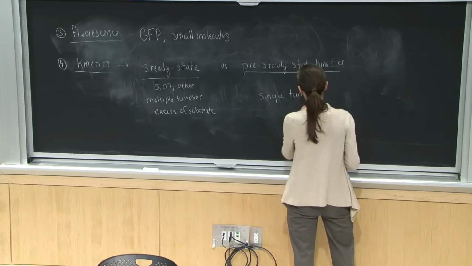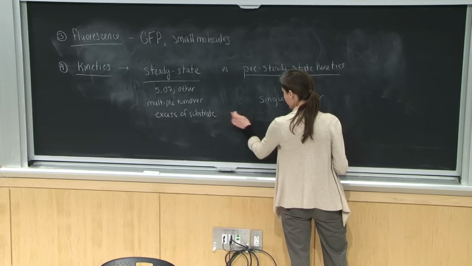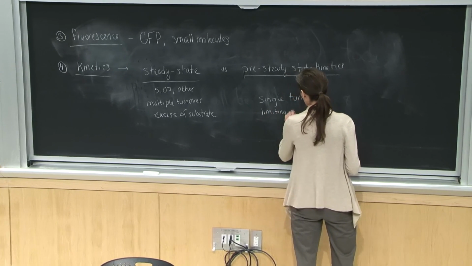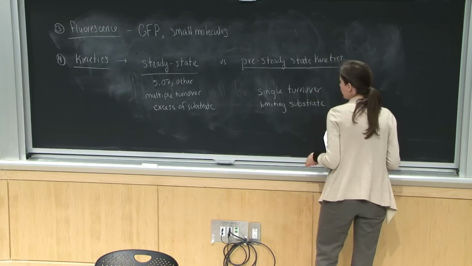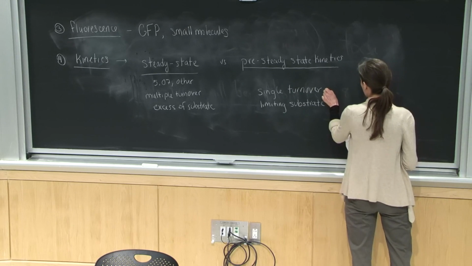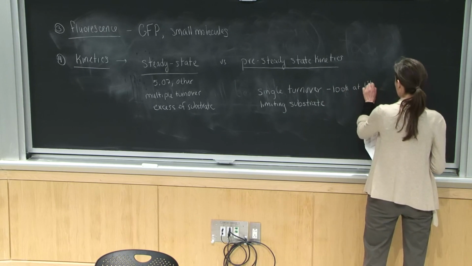Basically, you use limiting substrate rather than excess substrate. This is just to give a little prelude in terms of thinking about experimental design. So here, we look at the first moments of a reaction.